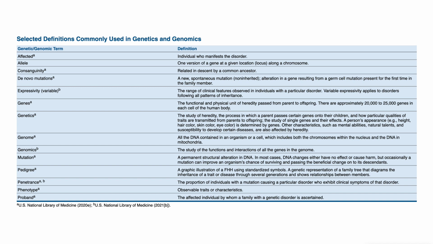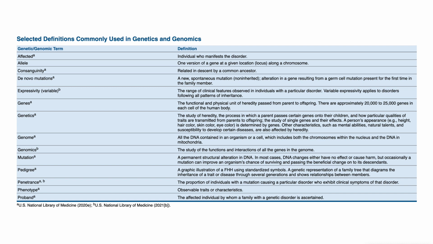A pedigree is a graphic illustration of the family health history using standardized symbols, a genetic representation of a family tree that diagrams inheritance of a trait or disease through several generations and shows relationships between members of the family.